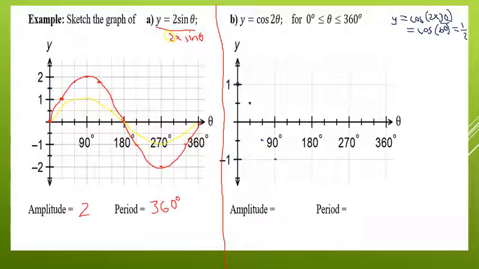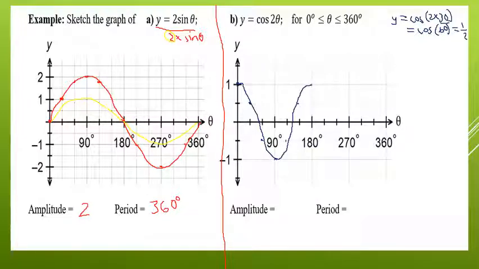This pattern repeats itself. We're plotting the points I can work out from the calculator, and so this graph here is looking like this. Remember, it's still the cos graph, so it should still look like a cos graph.